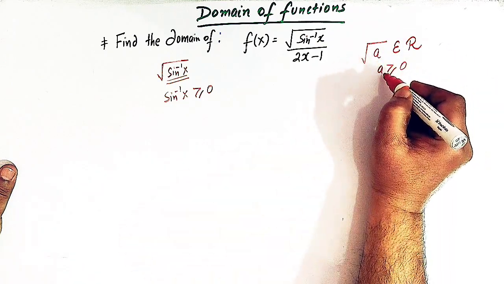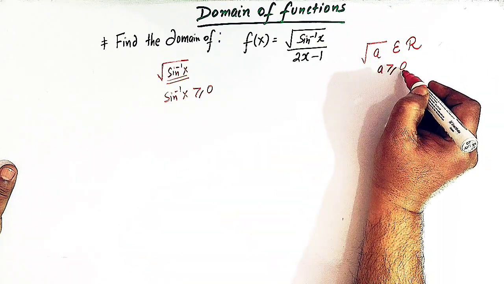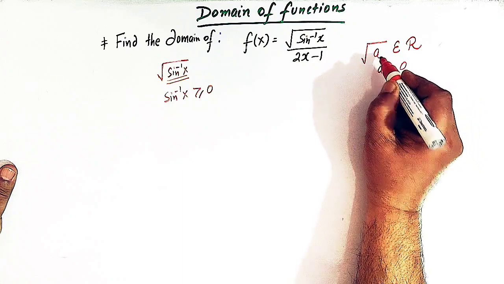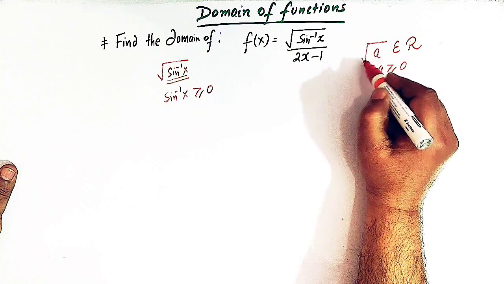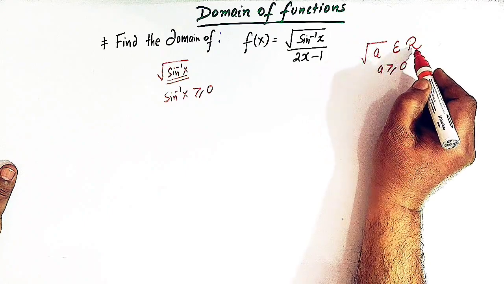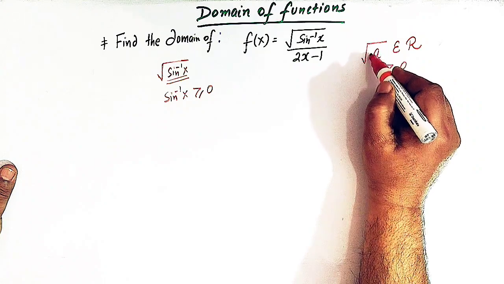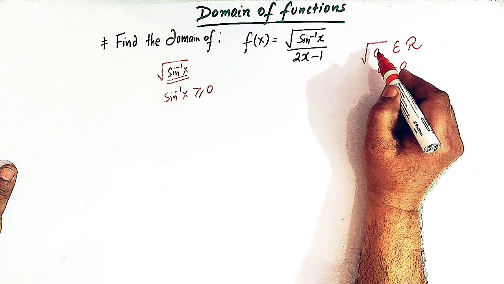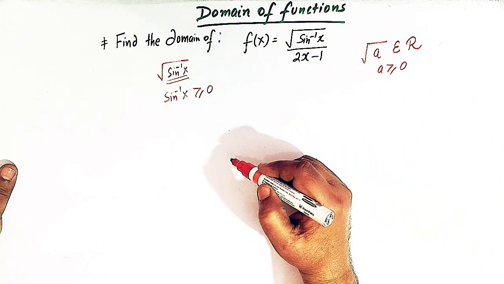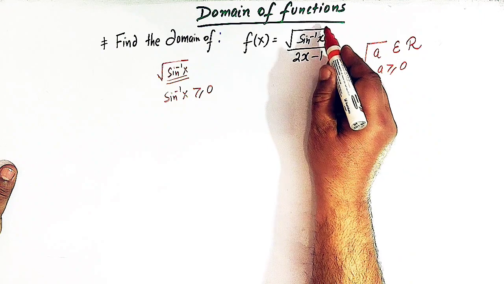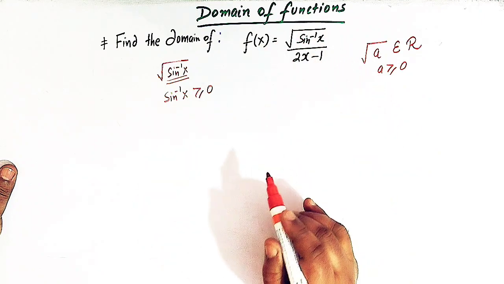So this a is either equal to 0, or it should be a positive real number. Then only square root of a can belong to the set of real numbers, because if we have a negative number inside the square root sign, then we'll get a complex number. So here we are dealing with only real numbers.